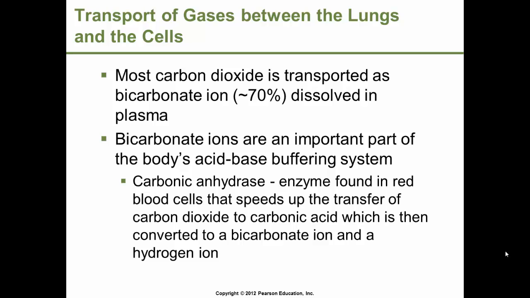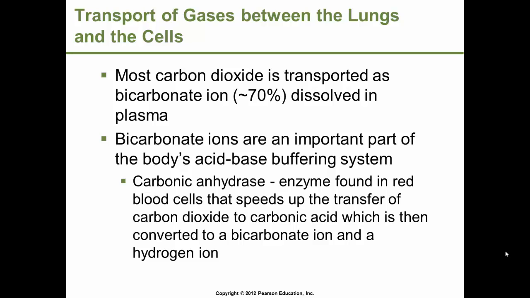When carbon dioxide is in water, it forms carbonic acid, and carbonic acid dissociates to form hydrogen and bicarbonate ions. This occurs 100 times faster in red blood cells than plasma, because red blood cells contain an enzyme called carbonic anhydrase that plasma does not.